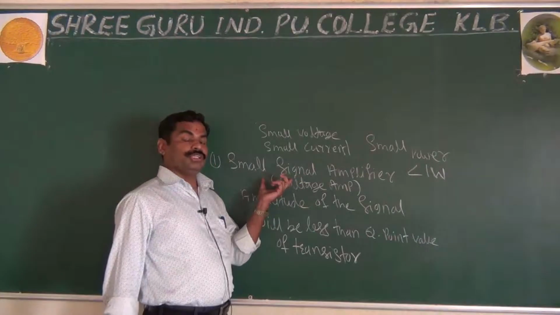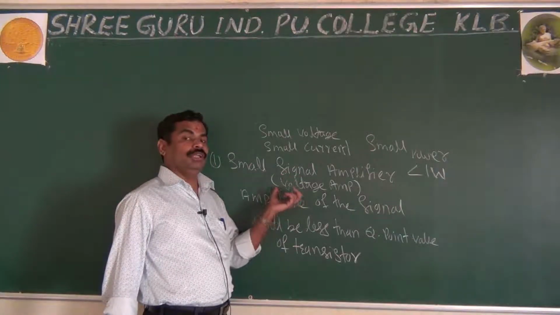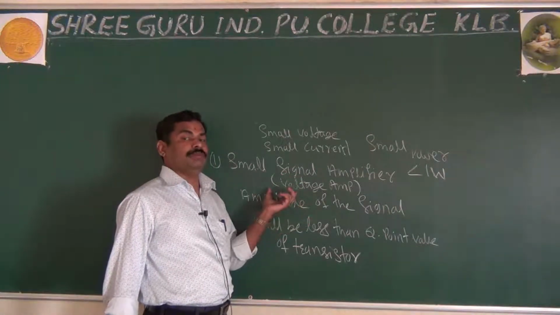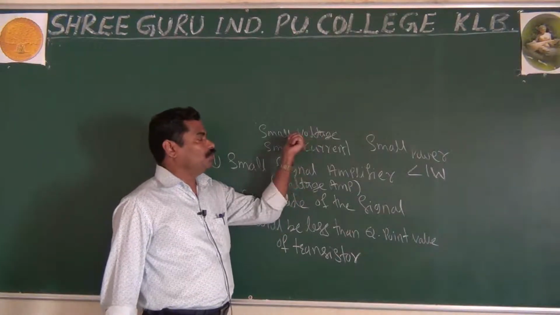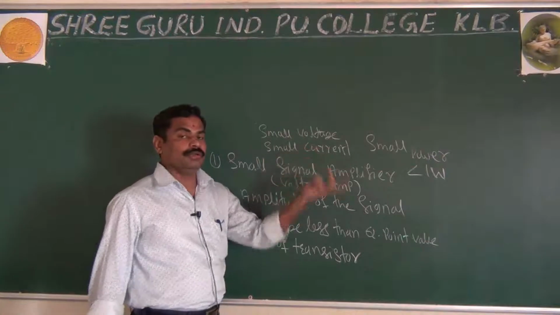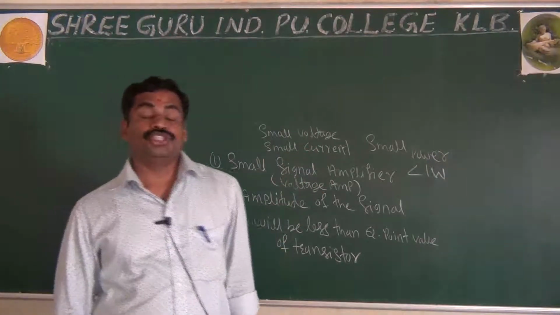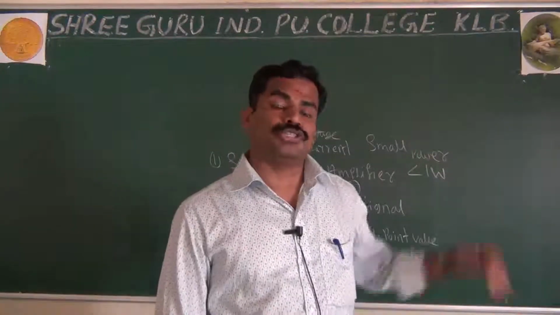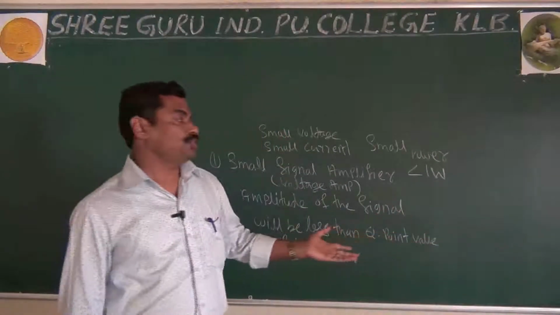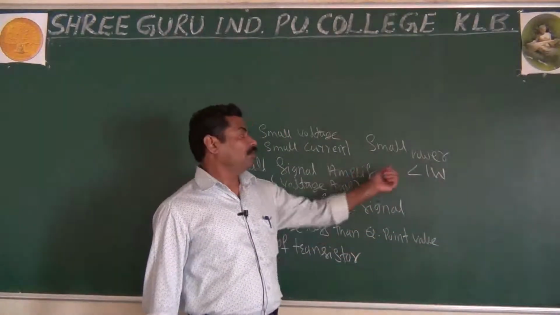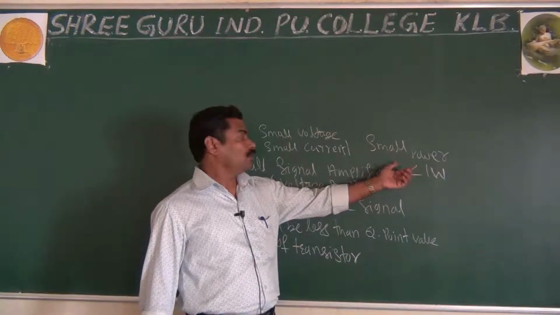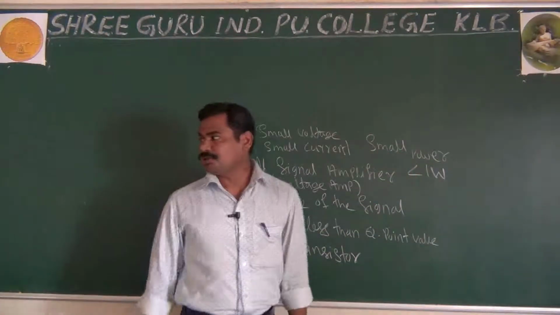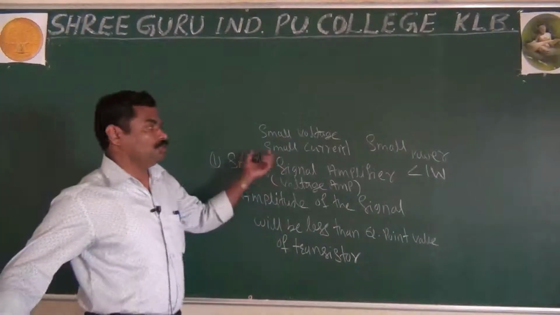It is also called a voltage amplifier, because here you can only increase the voltage level of the signal, and because of the very small voltage, you get very small current. That's why you have very small power handling capacity, very low power efficiency, nearly less than 1 watt, and very low power dissipation. This is about the importance of small signal amplifiers.